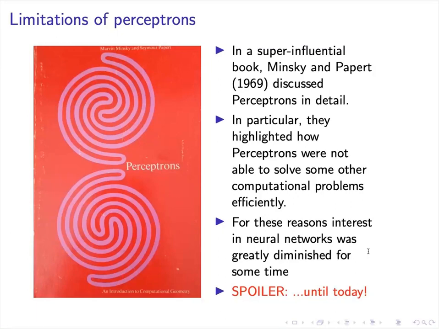They wrote a book which is known as Perceptrons, and they analyzed perceptrons and to some extent networks of perceptrons, but they found some other problems with them, some other problems like the XOR.